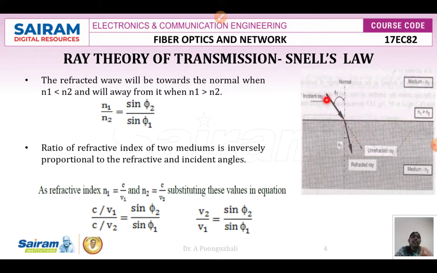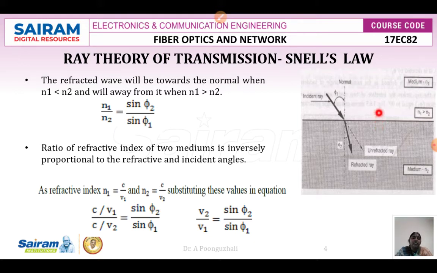A ray is incident on the interface between two mediums. This is an air medium and this is a glass medium, where the first medium has refractive index n1 and the second has refractive index n2. As the first condition, assume n1 is greater than n2.